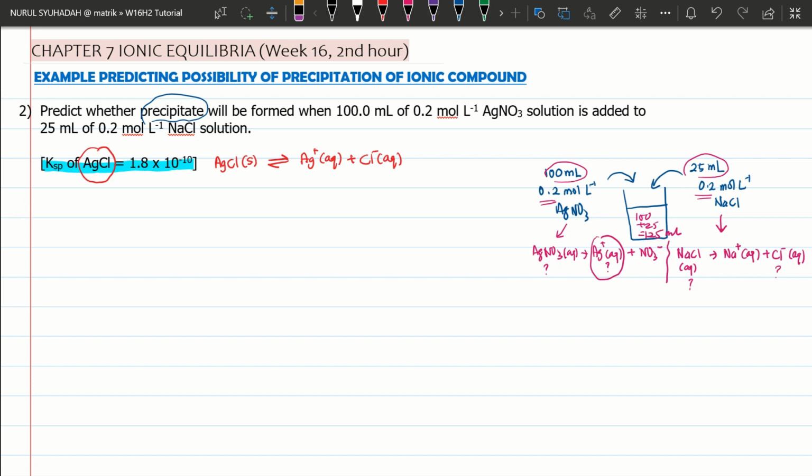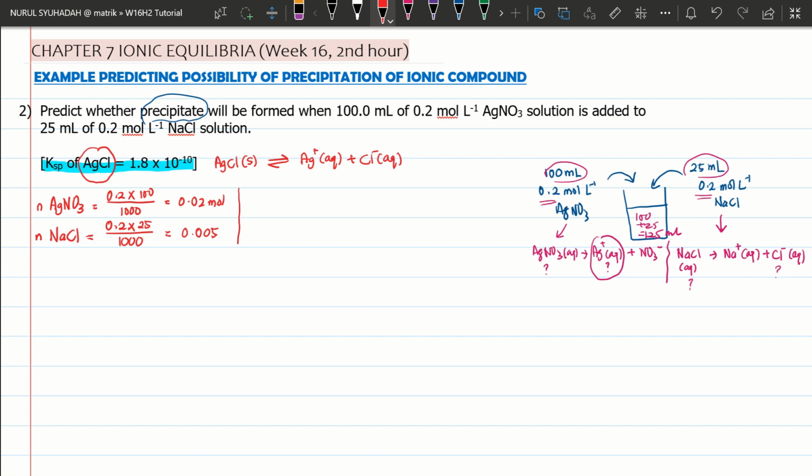Okay, kita akan cari dulu berapa number of mole of AgNO3 yang kita ada. Number of mole dia 0.2 darab 100 bahagi 1000, sama dengan 0.02 mole. Kemudian number of mole of NaCl, 0.2 darab 25 bahagi 1000, dapat 0.005.